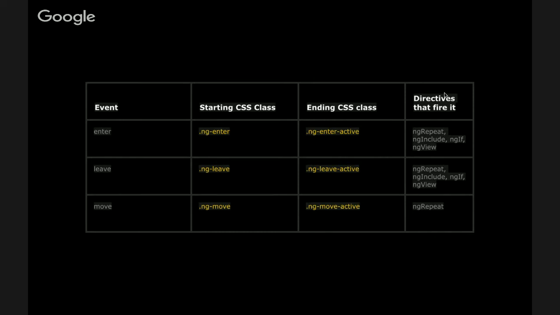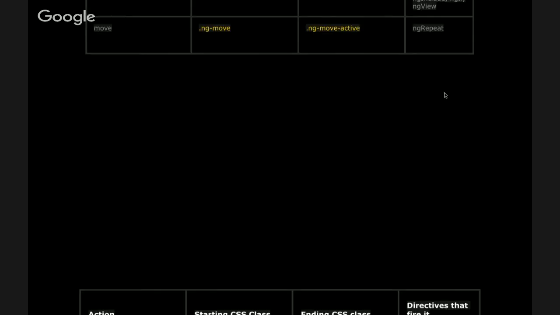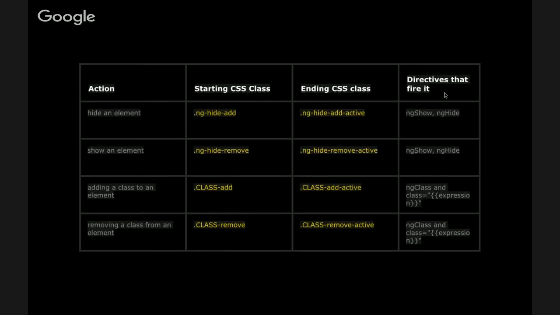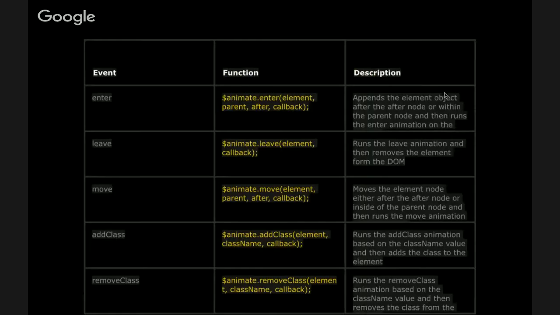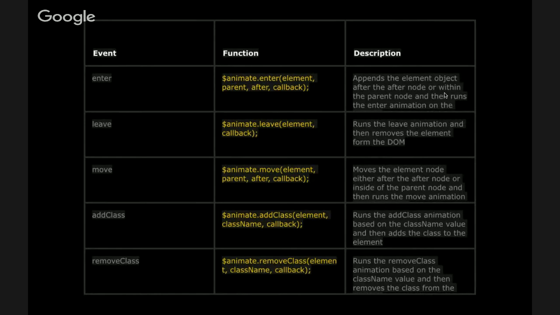So this is really anything that is manipulating the DOM. And then same thing about hiding and showing an element, as well as if you are adding or removing a class. There is one other table here that I'm not going to get into, but you can actually trigger these manually using the $animate service.